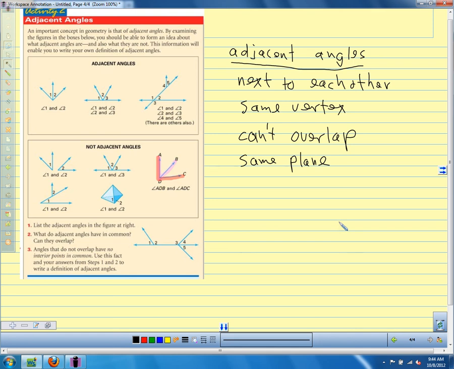Now let's see if we can figure out one other thing that's important about adjacent angles. They're next to each other, so they have the same vertex. What else are they sharing? Angle 1 and 2 have this in common. Angle 2 and 3 have this in common.